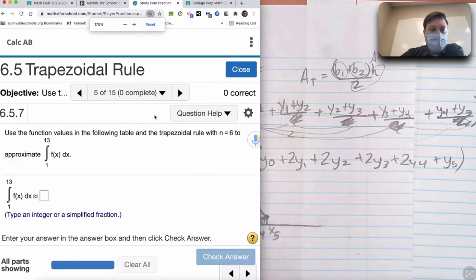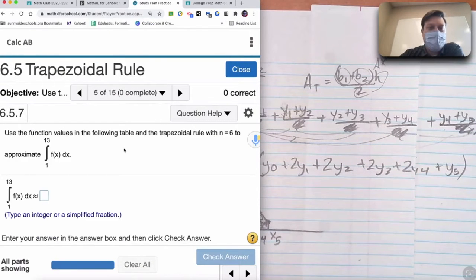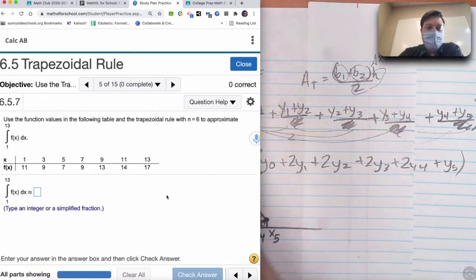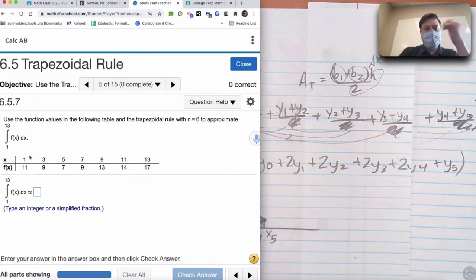Now we have these values of information from this problem. It's a little bit too big there, so resize. But we do know that n equals 6, so to go from 1 to 13 with 6 subdivisions, let's just check: 1, 3, 5, 7, 9, 11. So that is moving up by 2s.